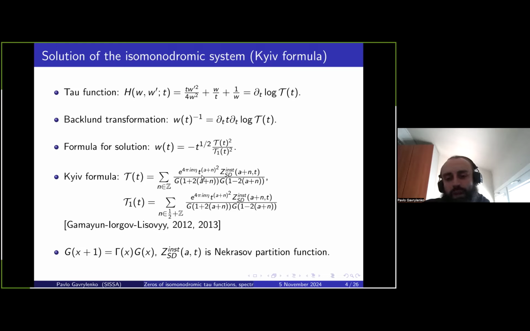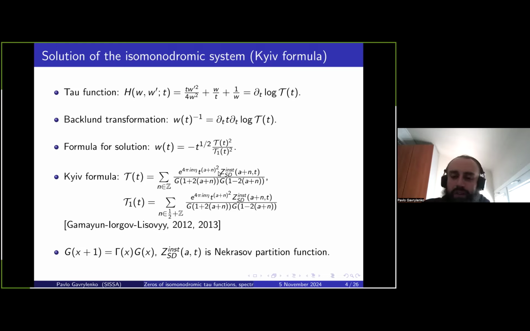So we have some denominator which consists of two Barnes functions, and a higher gamma function. And this is called the one loop part of the partition function. We have some power of t, which is called the classical part.